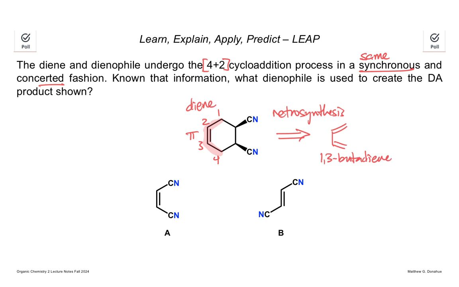So highlighted in blue, those 2 carbon atoms have to come from the dienophile. And so if I put 1 and 2 there, the pi bond of that has to be between them.